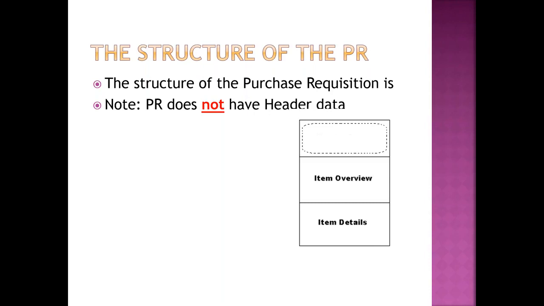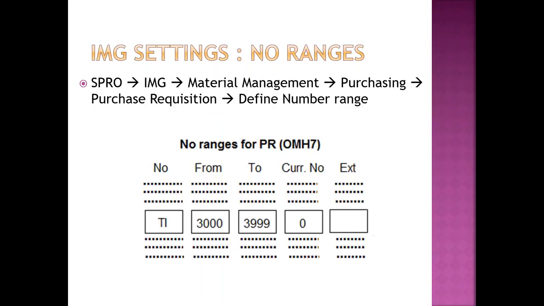Being an MM consultant, the creation of PRs is not our job. But when the end users in the different departments create them, we should ensure that they get a document with a specific range of numbers. We are already aware of internal numbering and external numbering.